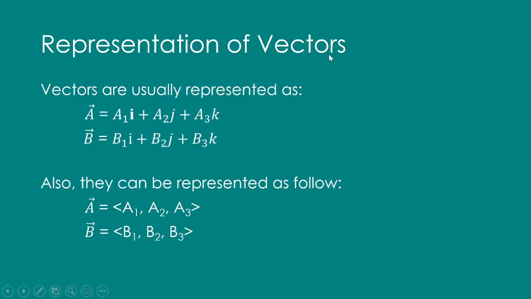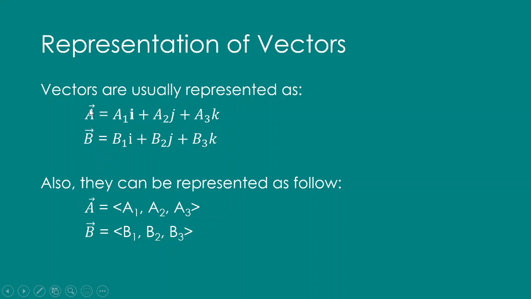Talking about the representation of vectors, they are usually represented by an arrowhead on top of capital letters, or by bold capital letters.